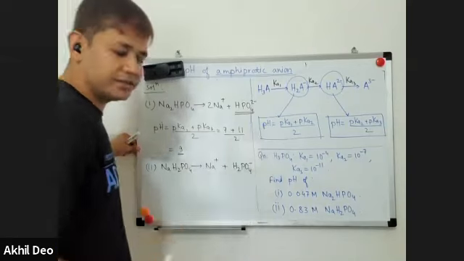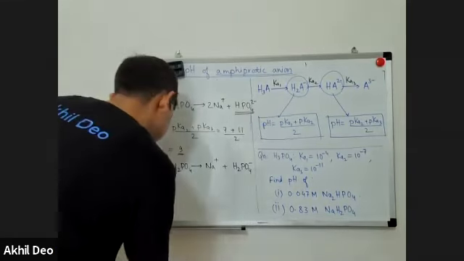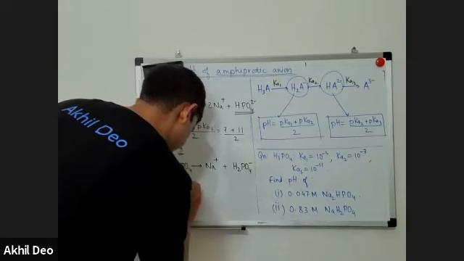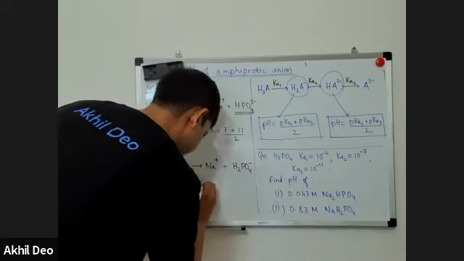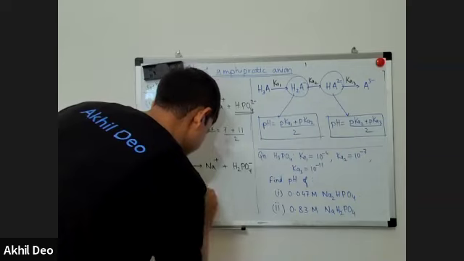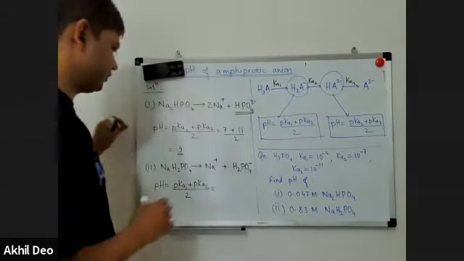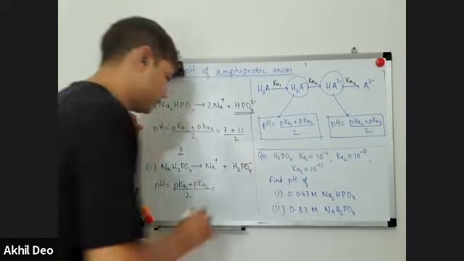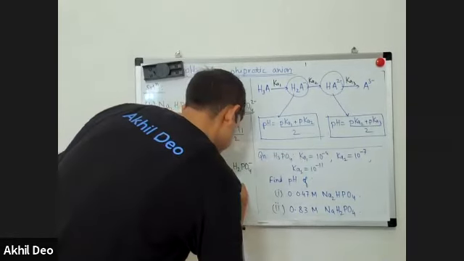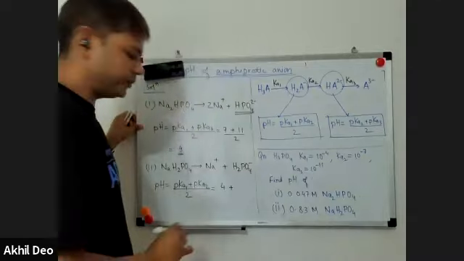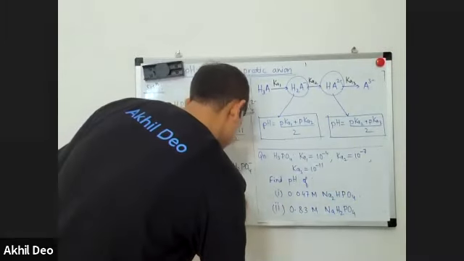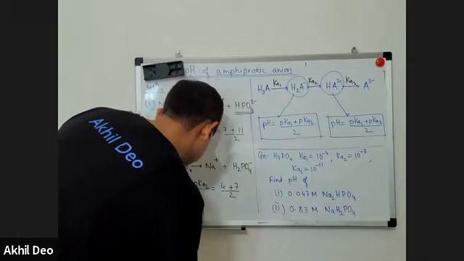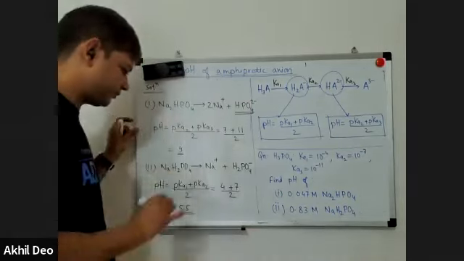The next ionization constant will be K2. So we'll write pH is equal to pK1 plus pK2 by 2. K1 is 10 raised to minus 4, so pK1 will be 4. K2 is 10 raised to minus 7, so pK2 will be 7. 4 plus 7 by 2, 11 by 2, is 5.5. So for the second question, answer is 5.5.